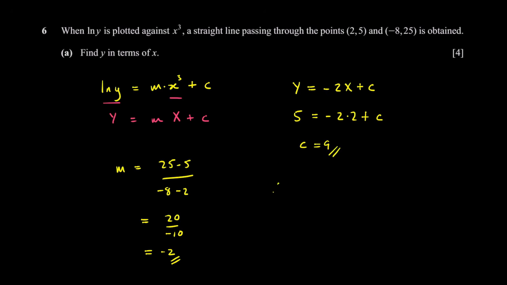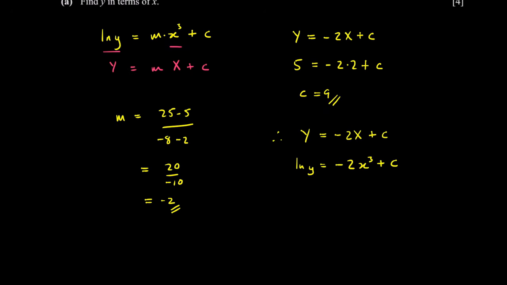And so therefore Y is equal to negative 2 big X plus 9. And we then replace our big Y with ln y and our big X with x cubed. Oh, sorry, instead of c I should have written 9 there, I beg your pardon, because we just found out c is 9.